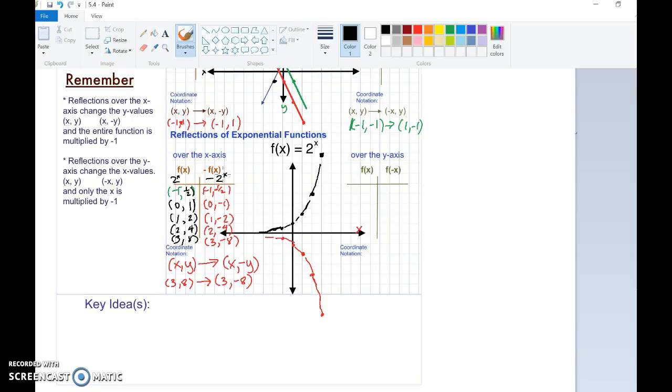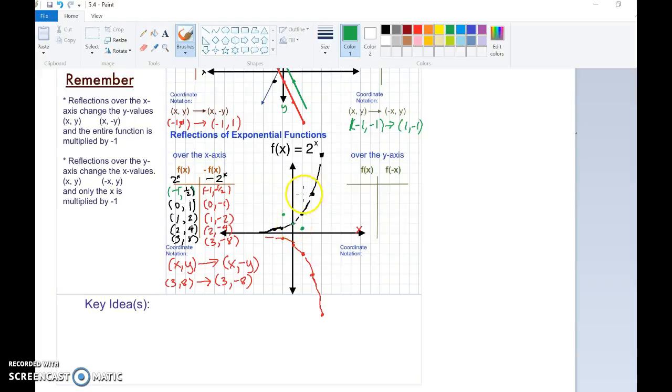Now let's see if the same is true for flipping over the y-axis. So let's change my color and let's go ahead and take our same points and flip them over the y-axis. So this point right here would flip over to here, and this point right here would flip over to here. This one right here that I forgot about stays in the middle.